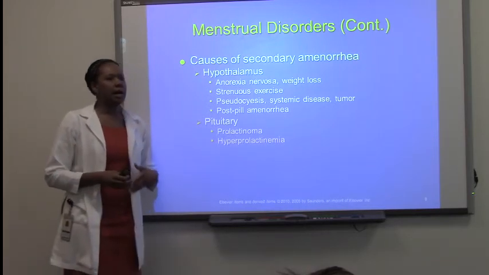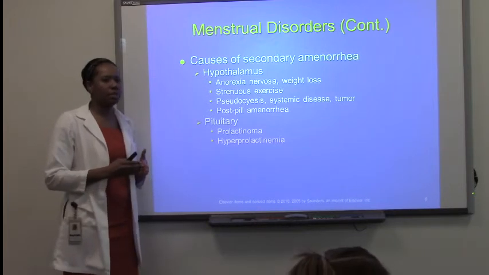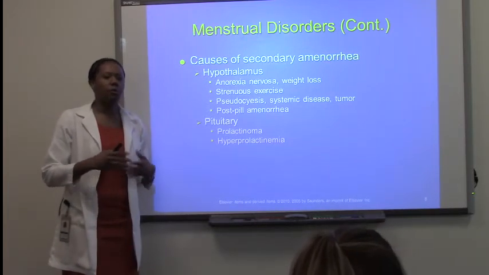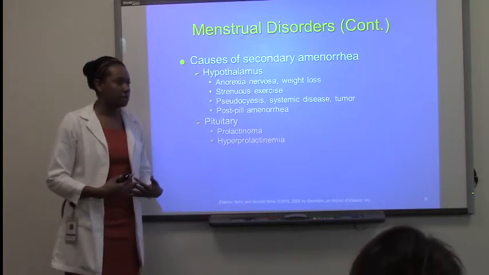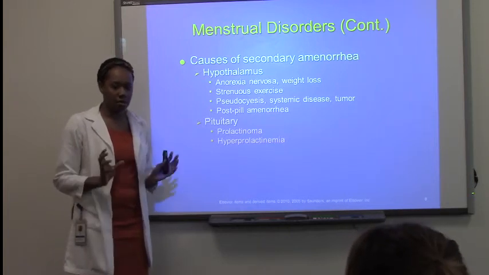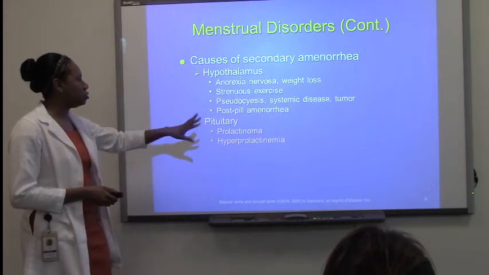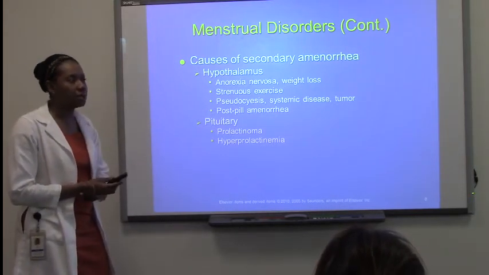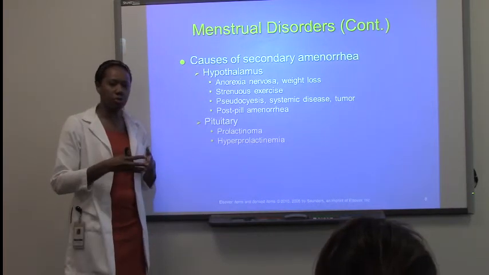That means that the female's body will go into a state of not having a menstruation and will have signs and symptoms as if they're pregnant, but there's no fetus. They will actually go through all the hormonal changes as if they were pregnant, but they're not. Okay, systemic disease, tumor, post-pill amenorrhea, that can happen after getting off of the birth control pill.